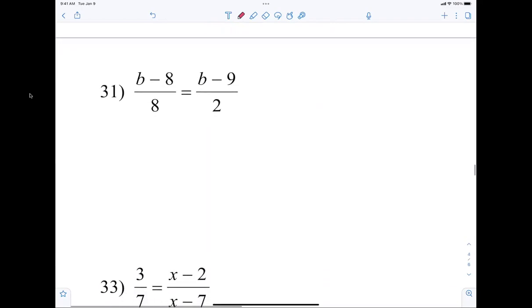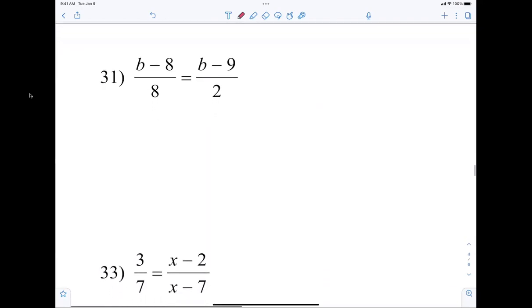Let's have some more fun. Okay. 2b minus 16 equals 8b minus 72.